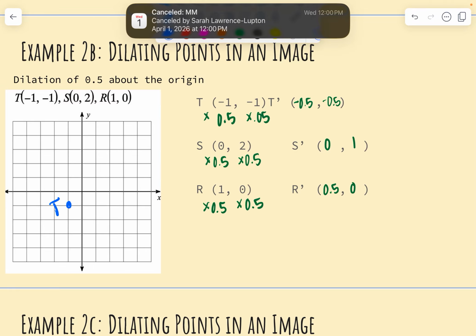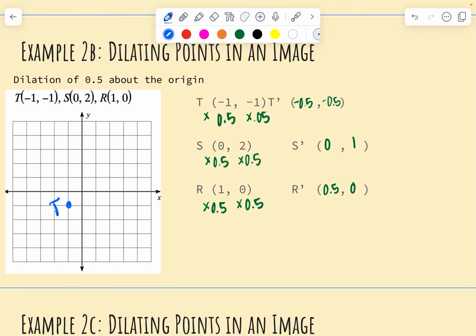So our original T, our original S, and our original R. So this is my original triangle in blue here. And then we'll do our new triangle in green after it's been dilated by a factor of 0.5.